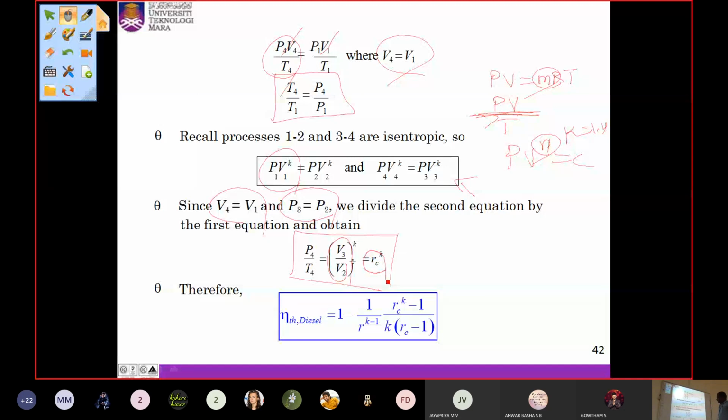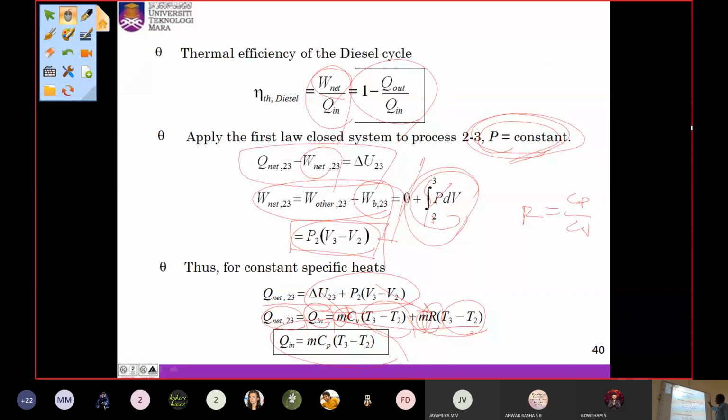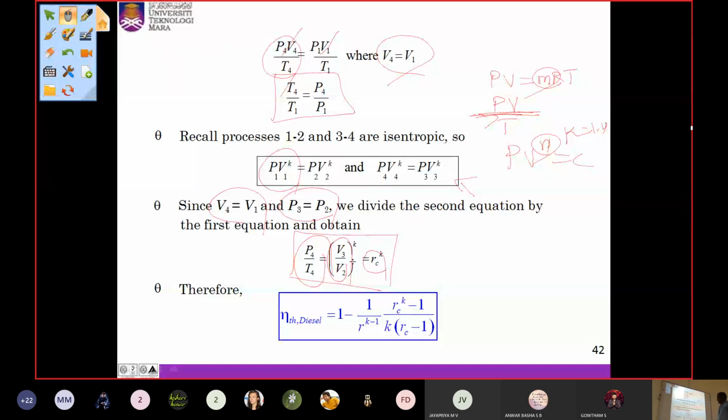Then we can write the equation as P4 by P1 is equal to rc power k, where rc stands for cutoff ratio. Then you can substitute this P4 in the thermal efficiency expression.